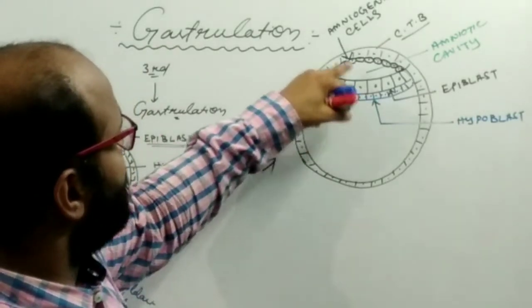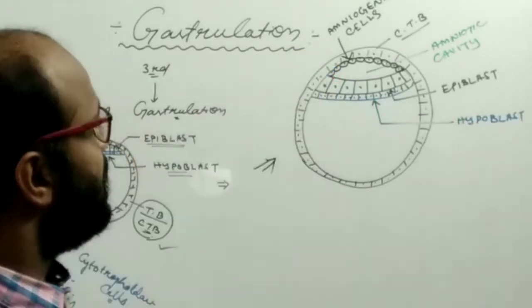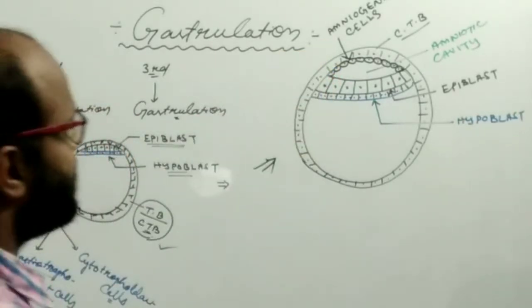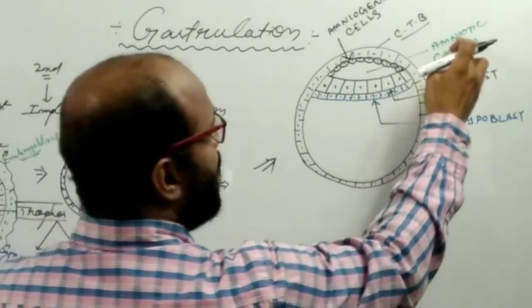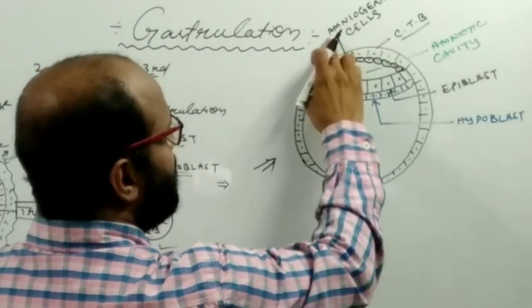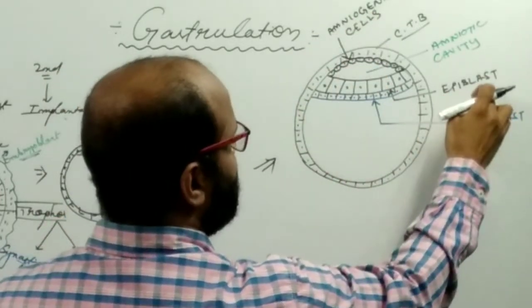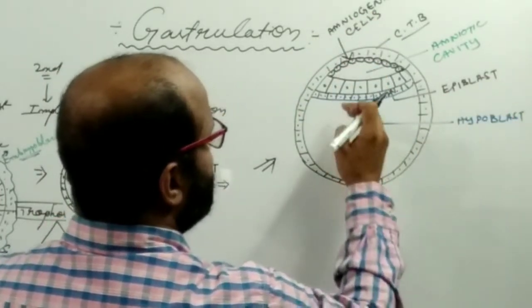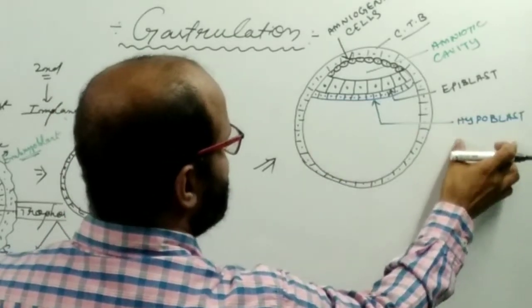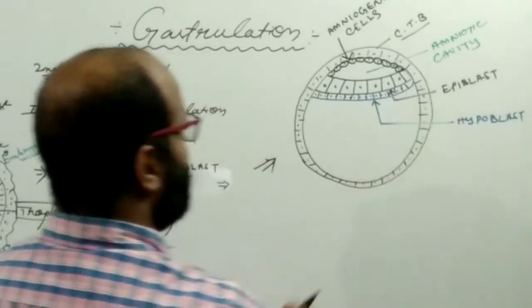So the amniotic cavity is lined on the dorsal side by the amniogenic cells and on the ventral side by the epiblast cells, and the hypoblast cells are present ventral to the epiblast cells.